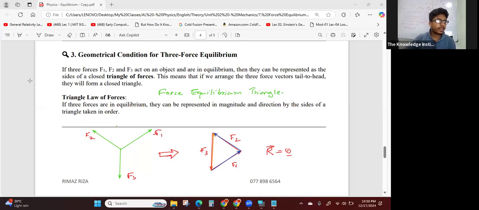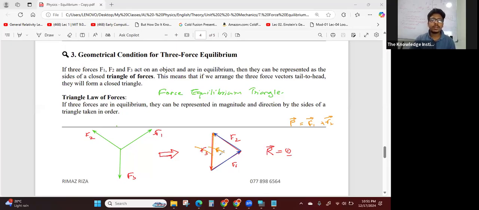So you can find this orange color, which I have marked as F. Let's say F is the resultant of F1 vector plus F2 vector. The addition of F1 and F2 is F. You can see this F is equal and opposite to F3, so they cancel each other.